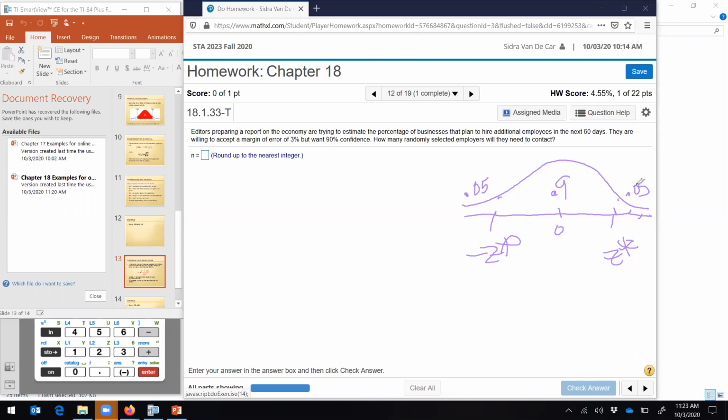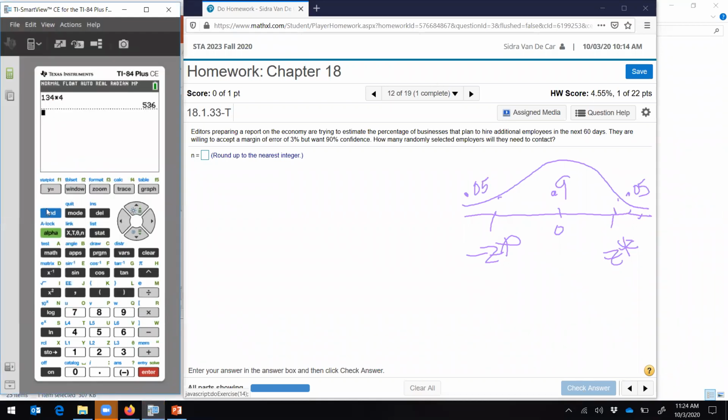Let's find it. So we're going to go to our calculator and we're going to go second distribution. Inverse norm, we want the 0.05. Mean is 0, standard deviation of 1, that's fine. Paste, that's fine.